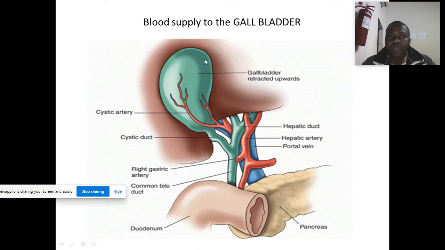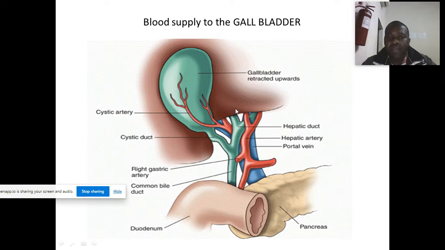So this is the blood supply to the gallbladder. The arteries bring oxygenated blood and nutrients. It's a cystic artery. After the nutrients have been used up, there are some small veins, and the majority of them drain into the portal vein.